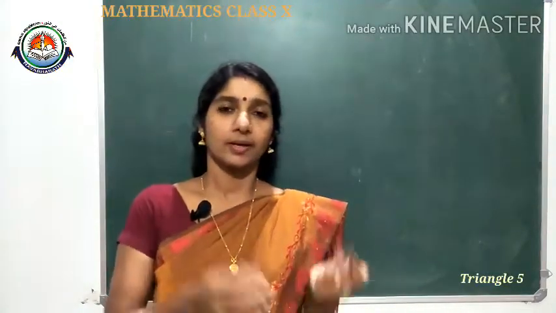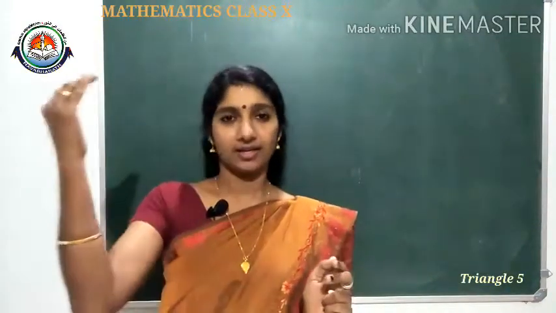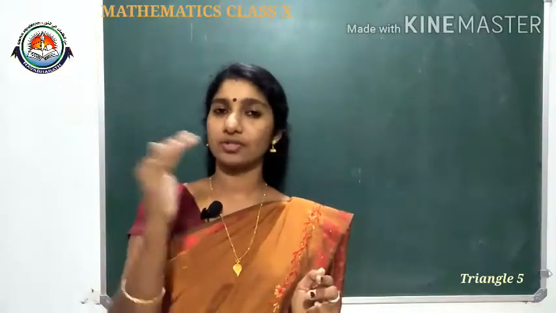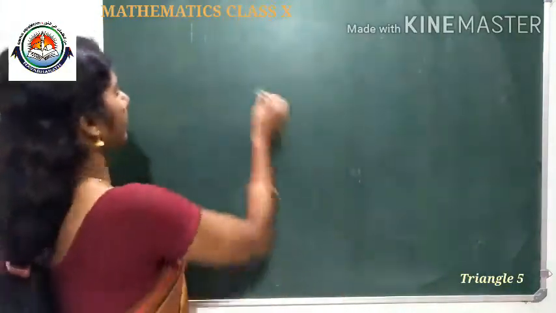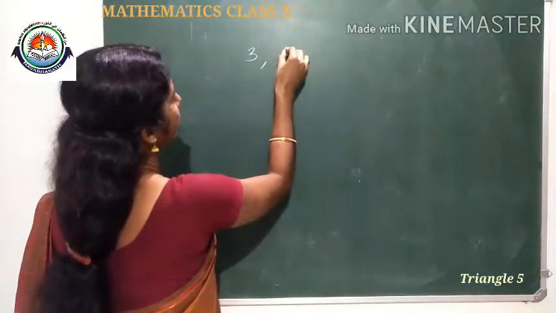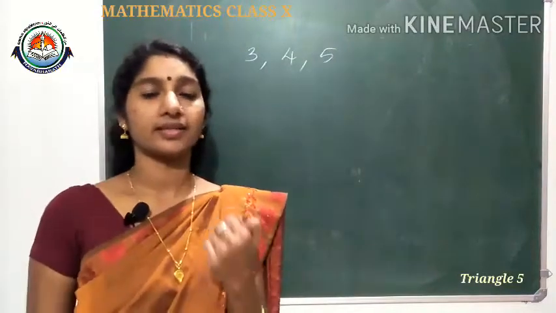So Pythagoras theorem is only applicable in a right triangle. In a right triangle, hypotenuse square is equal to the sum of squares of the other two sides. Suppose you are given a triangle with sides of length 3, 4, 5. Check whether it is a right triangle or not.